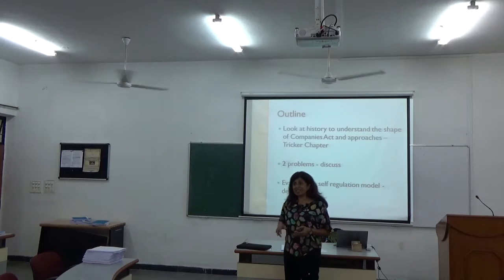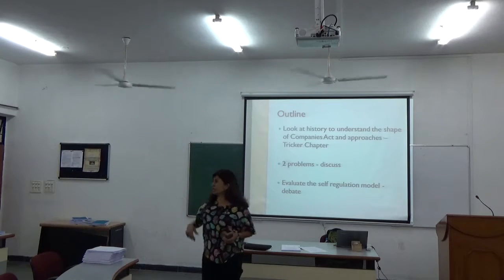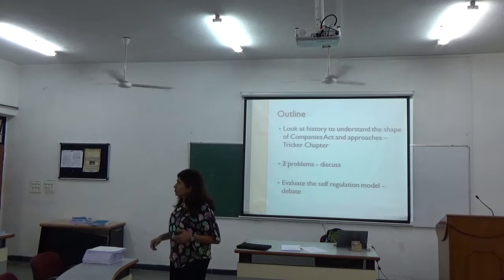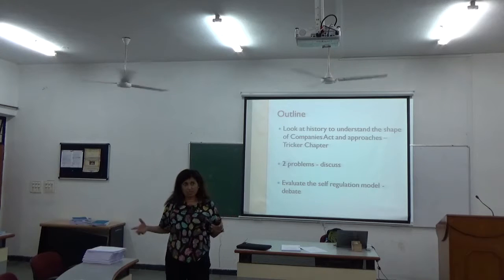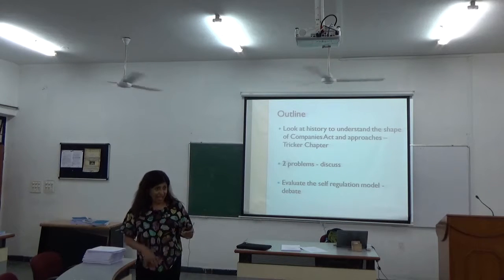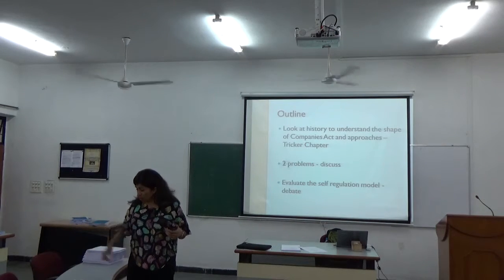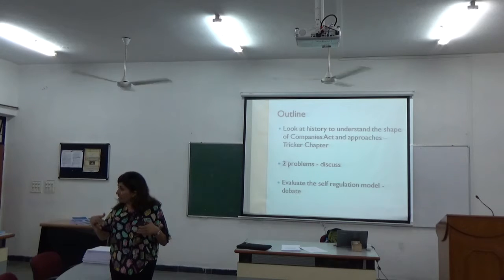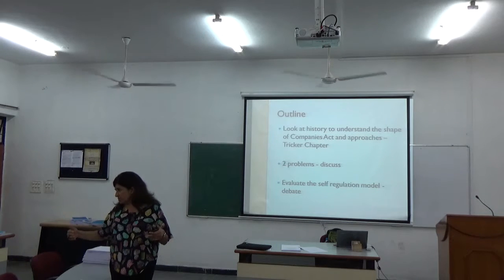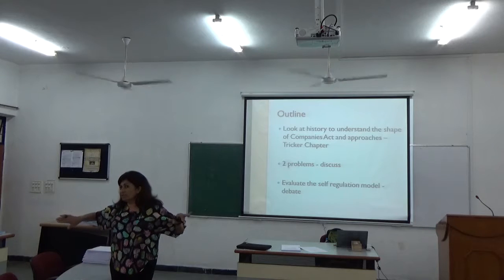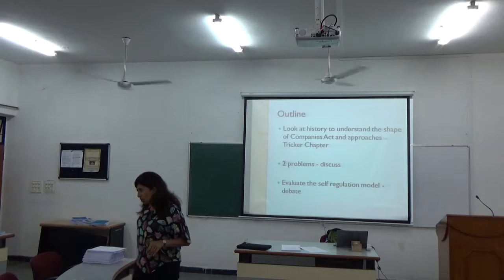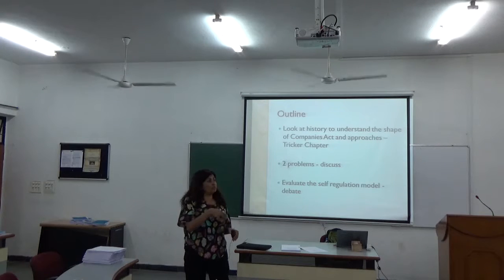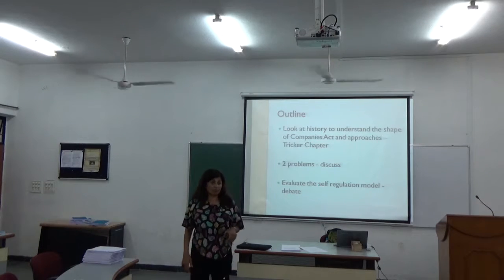So the idea is to use the stock exchange rules, the listing rules, to regulate those companies even further. So unlisted companies have the Act, and listed companies also have to comply with further instructions. They're trying to differentiate listed companies, unlisted companies and small companies, giving them all different levels of regulation.